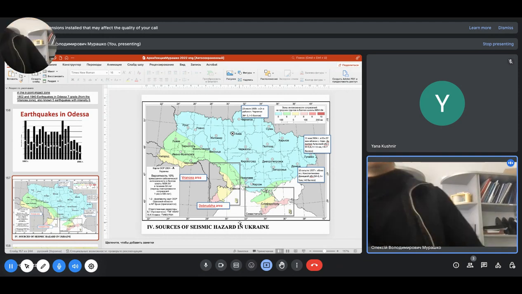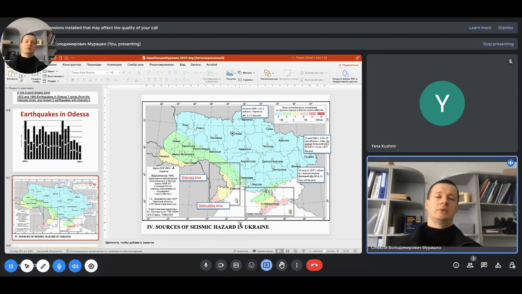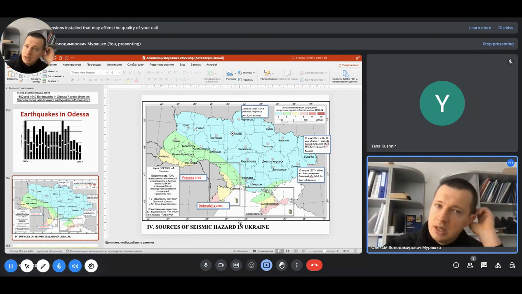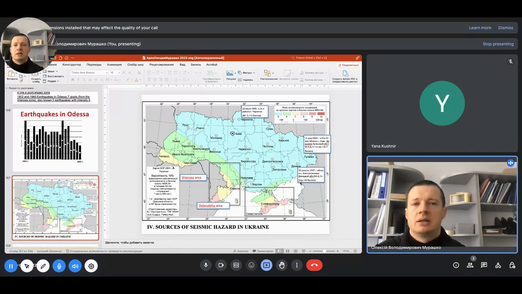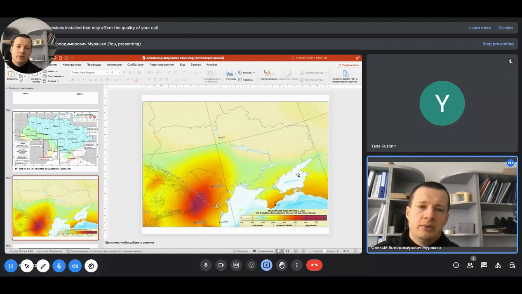Also, we have other local earthquakes located in Chernigov, Lugansk, and Donetsk regions. And here is the map of peak ground acceleration for Ukraine. You can see that in most cases we have to deal with those earthquakes which are located on Romanian territory. And here we can also see our Crimea earthquakes.